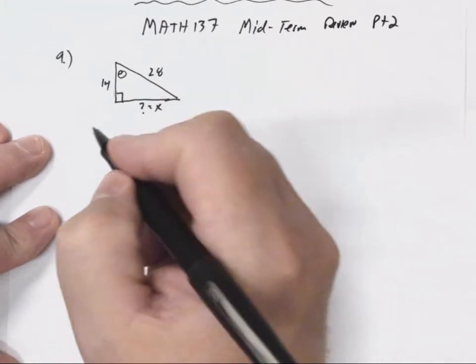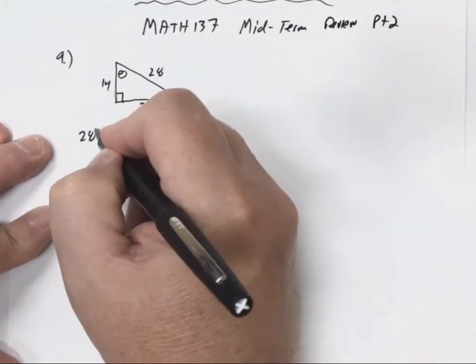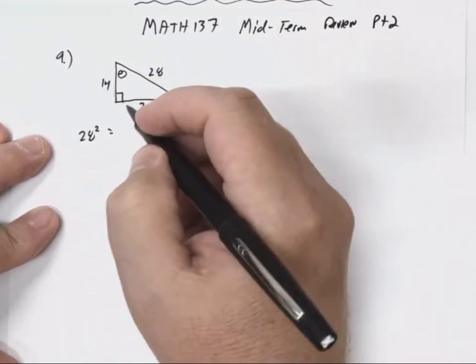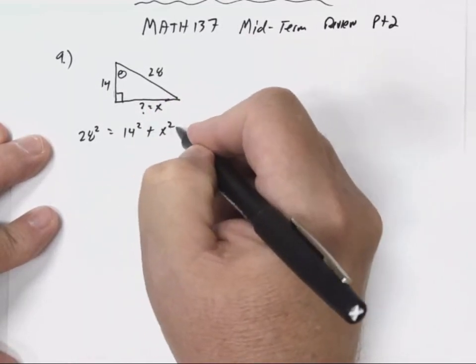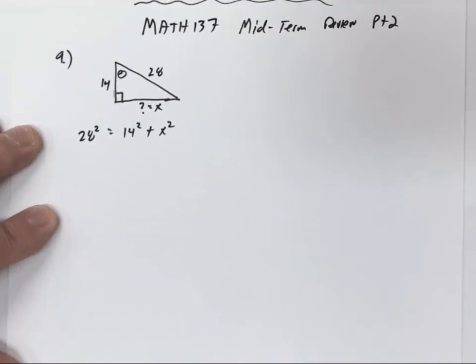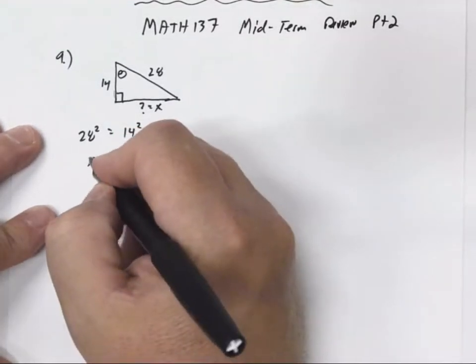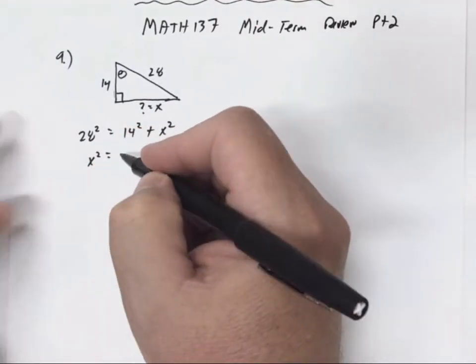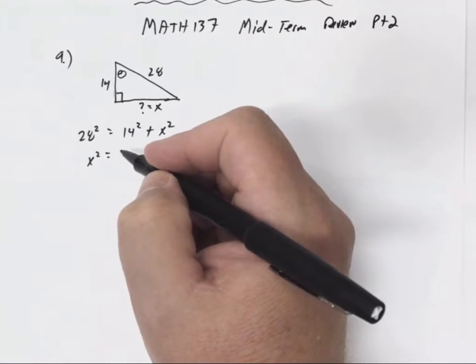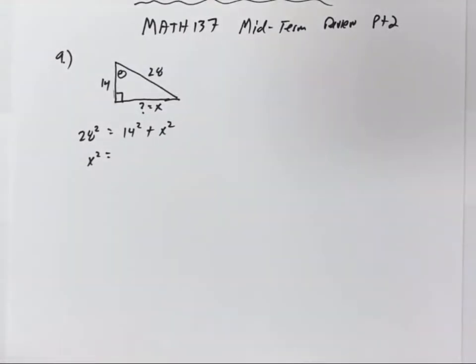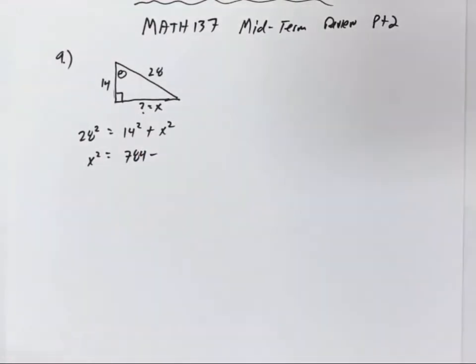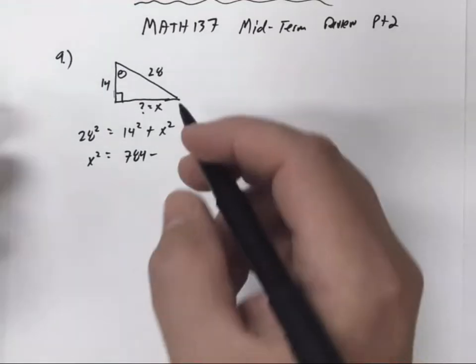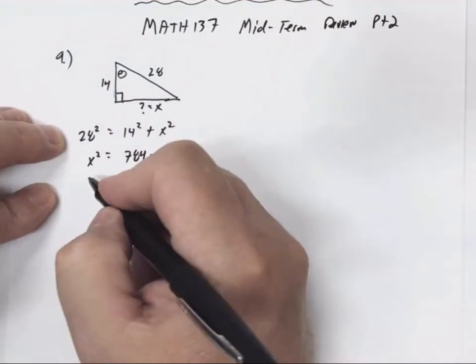The Pythagorean formula says the hypotenuse squared equals the sum of the 2 sides squared. So if we solve this, get x squared by itself, let's see what 28 squared is. 784 minus 14 squared, minus 196.